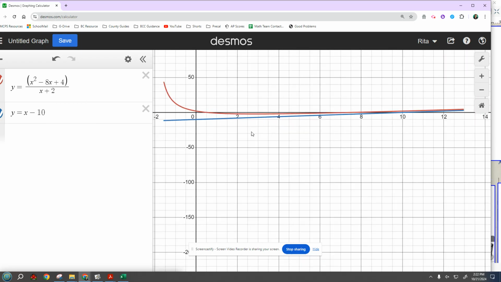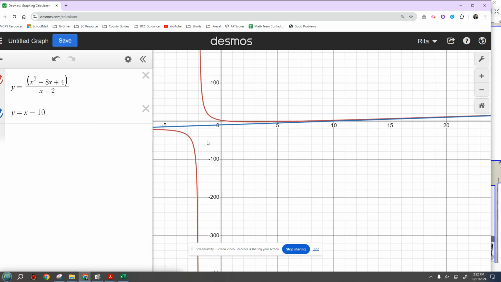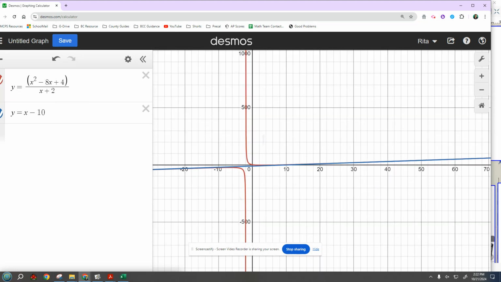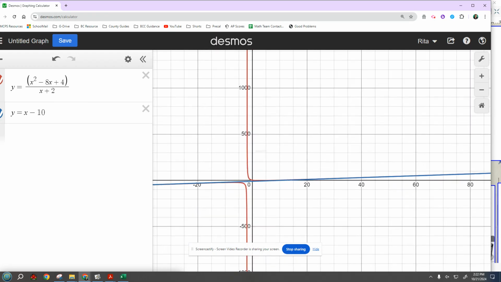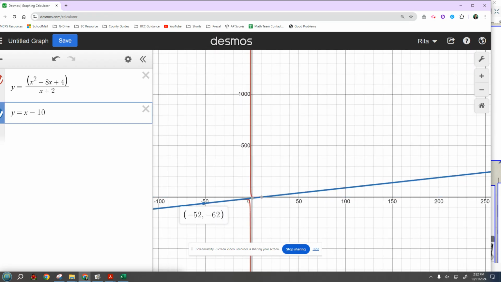So this end behavior, what's the end behavior? Where's the blue line going as x goes to infinity? Positive infinity. Where's the x value going as we approach negative infinity? Okay, so end behaviors are different.